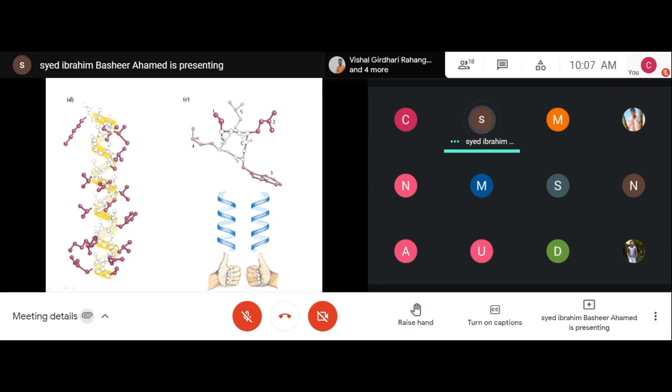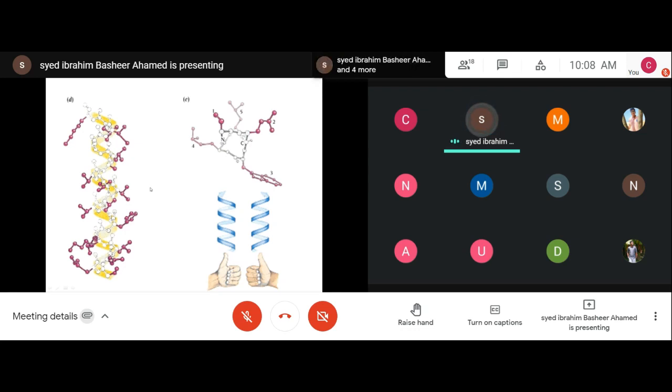What is that? Can anybody guess? Okay, I'll tell you. If you look closely at the secondary structure of the alpha helix, some side chains are facing one side and the other side chains are facing outside.